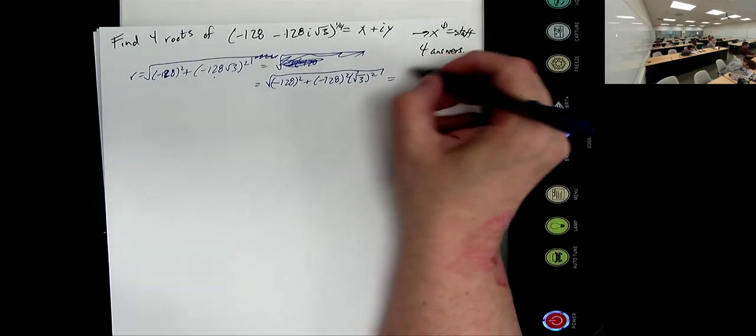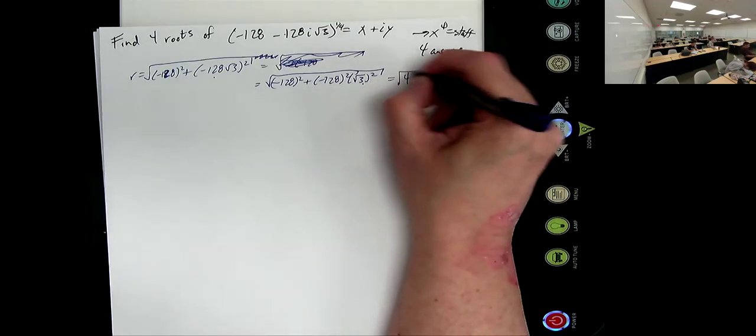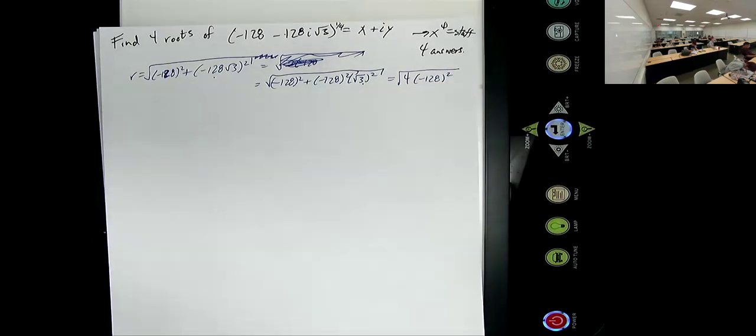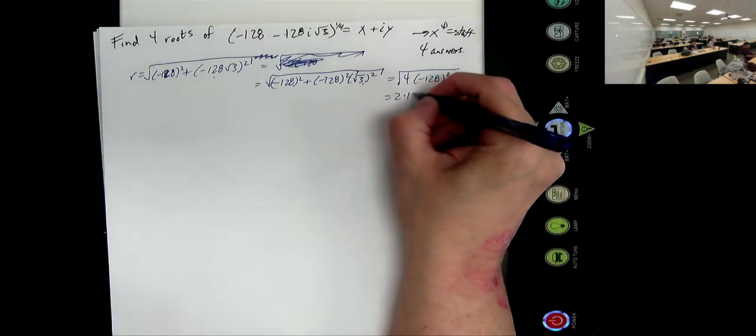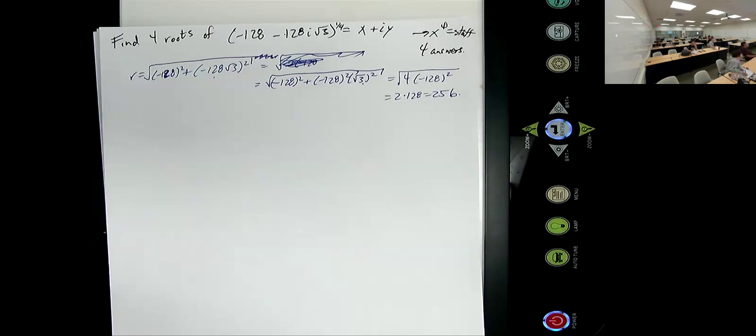Which means squaring the 3, I end up getting 4 of the negative 128 squares. Which is gonna give me 2 times 128, which is 256. Bam, I did that without a calculator.